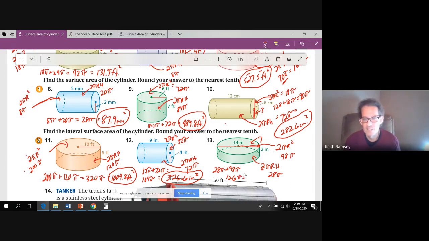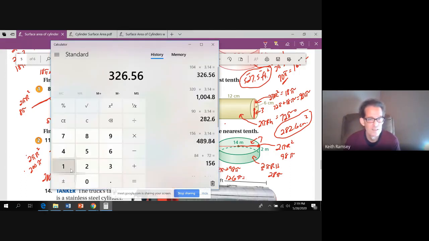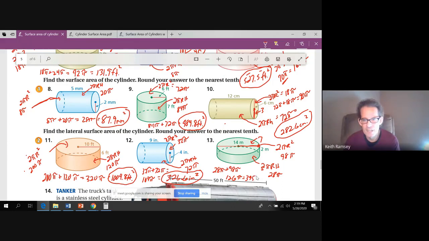Let's find out what that is. 126 times 3.14, 395.64, we'll round that to 395.6, and this is square meters.